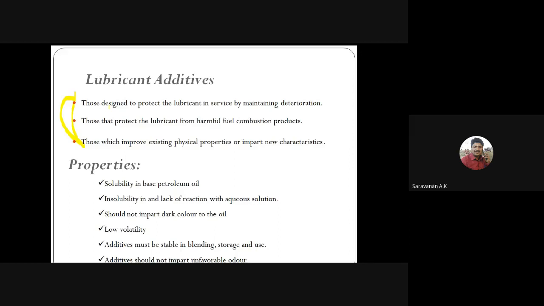And the third are those which improve the existing physical properties or impart new characteristics to the lubricant. Depending on these three, modern lubricant additives are classified.